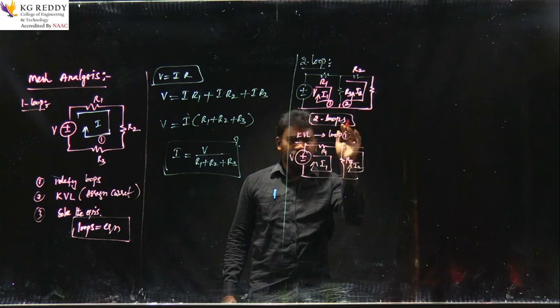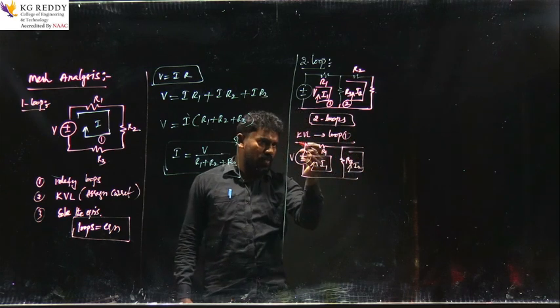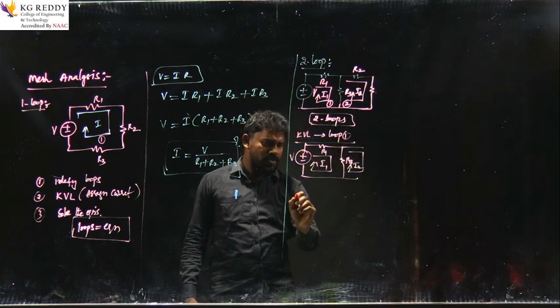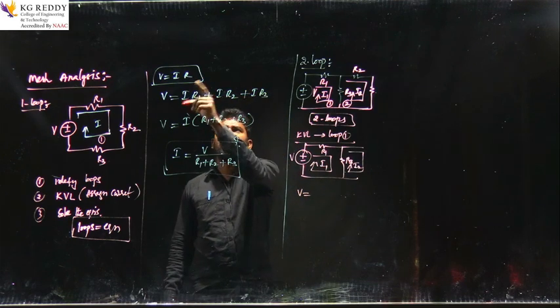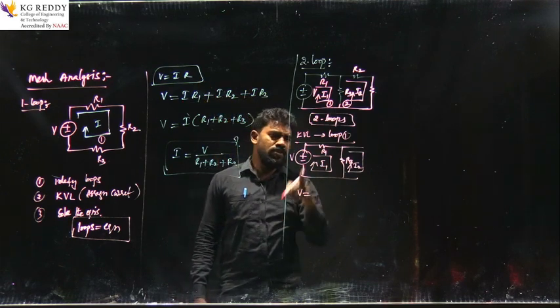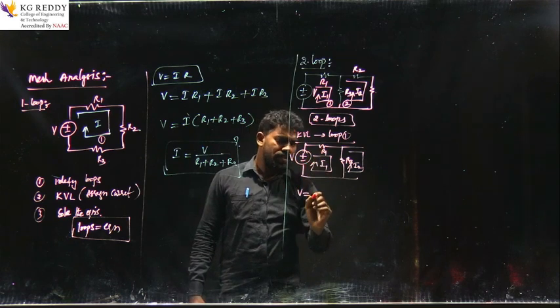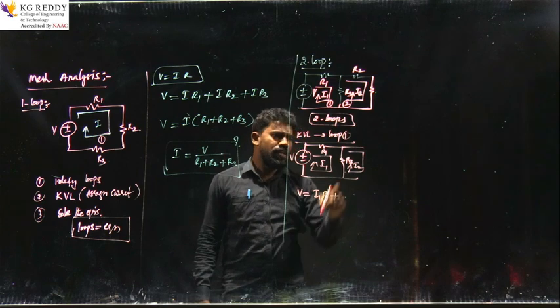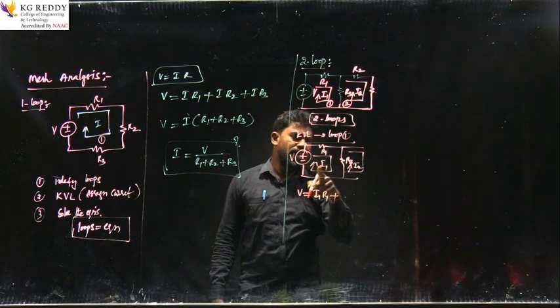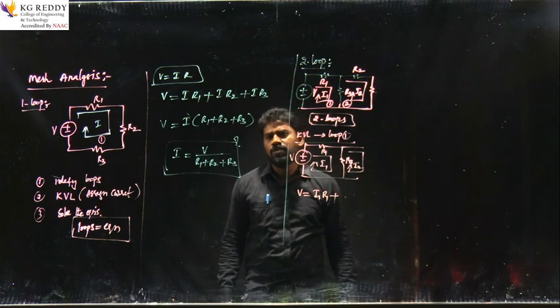Now I am going to apply Kirchhoff voltage law to loop 1. V is equal to I into R, the basic standard formula. Then V is equal to I1 into R1 plus, here R3 is there, with I1 and I2.